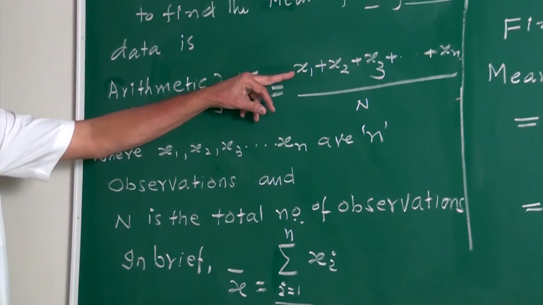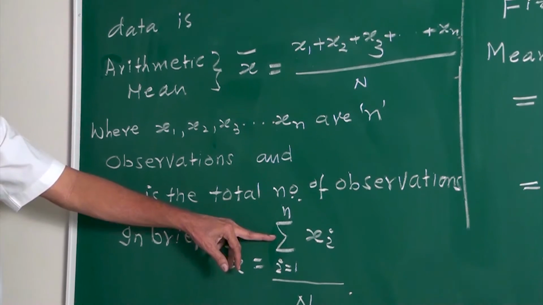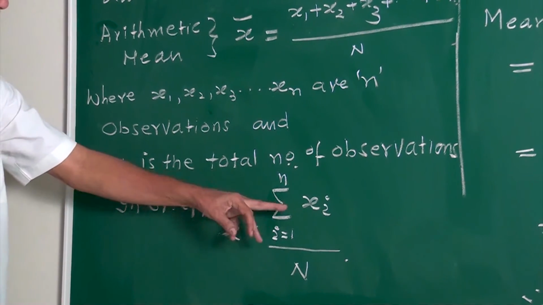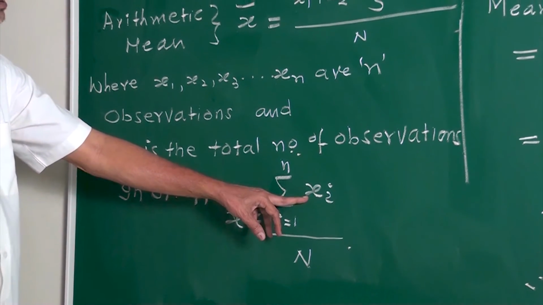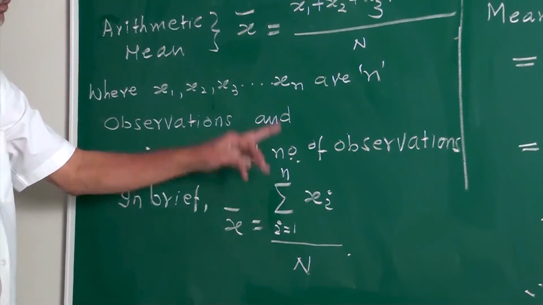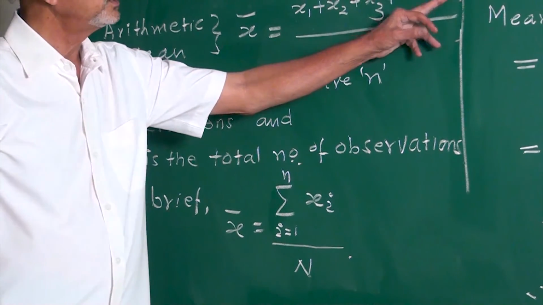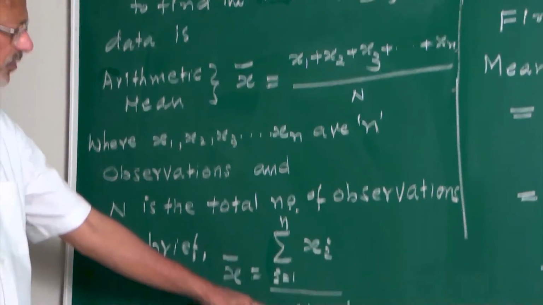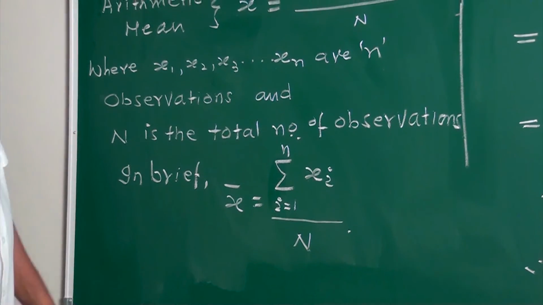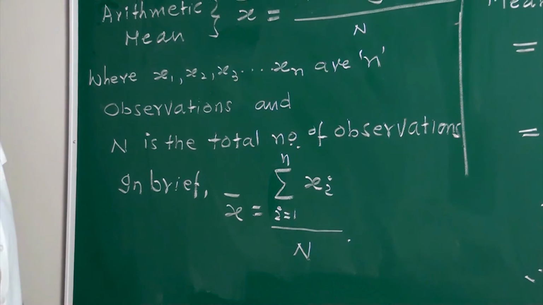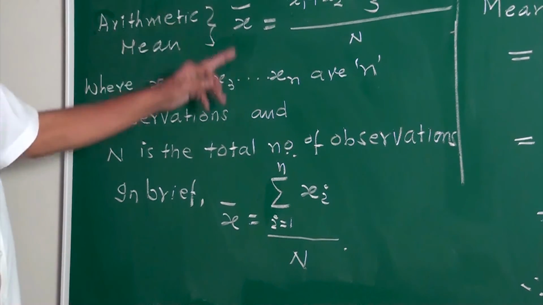The same numerator you can write in brief using the summation sign: summation xi, where i takes the values from 1 to n, times 1 upon this capital N, which is the total number of observations, my friends. This is the formula.